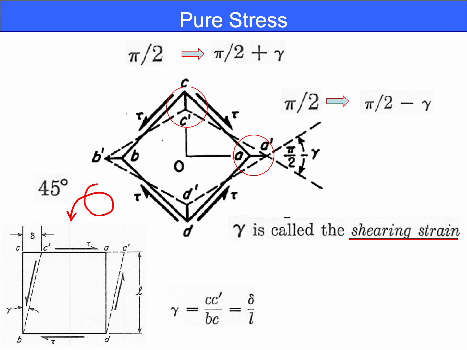From this we find gamma is approximately equal to tangent gamma. Gamma is almost the same as tangent gamma, and tangent gamma is CC prime divided by BC, and is delta divided by L. Delta is the distance between C and C prime.